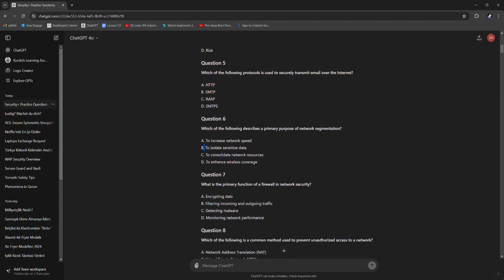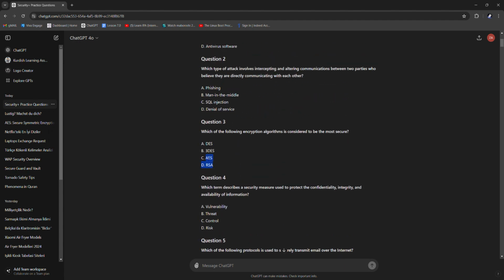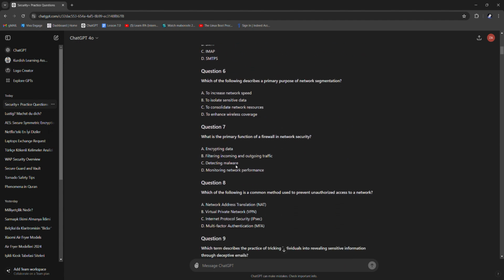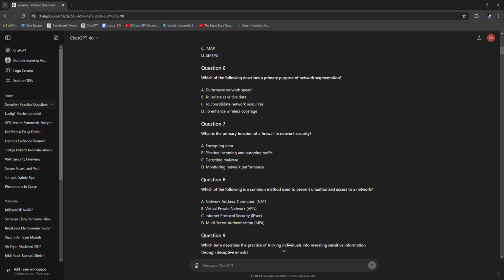What is the primary function of a firewall in network security? Encrypt data? No. Encrypting data is cryptographic, like AES or RSA. Those are the ones that encrypt data. Filtering incoming and outgoing traffic, that's exactly what a firewall does.